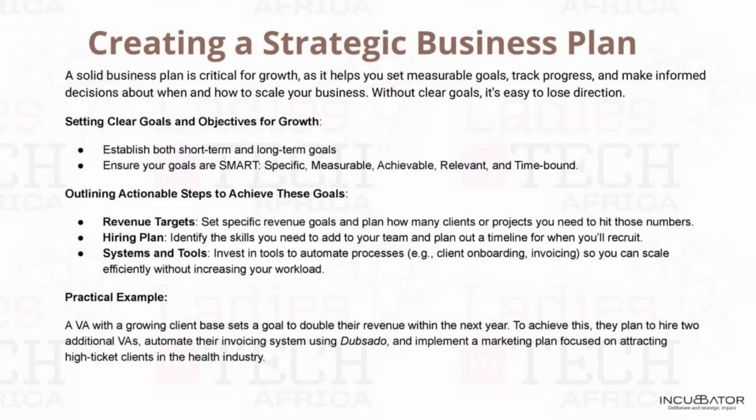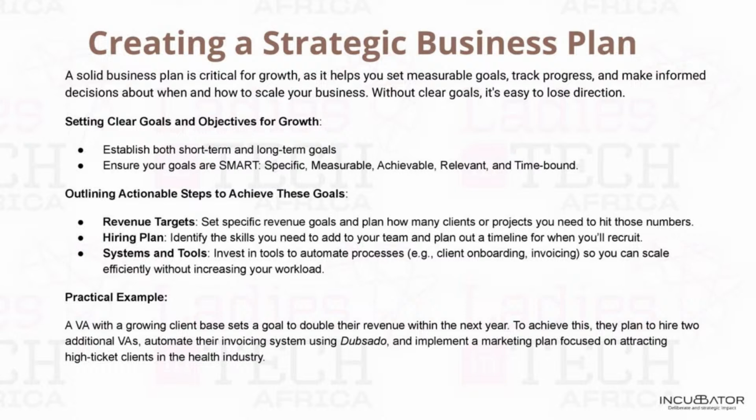See, when I said short-term goal, I didn't just say I want to have more money. I didn't just say I want to have more customers. I said I want to increase my client base by 30% in 6 months.